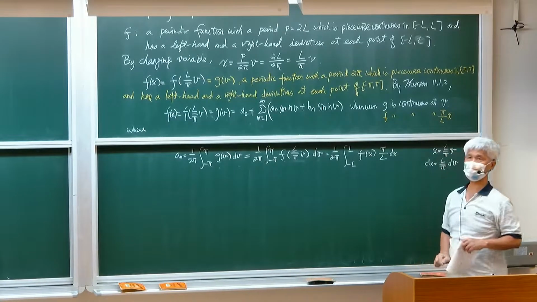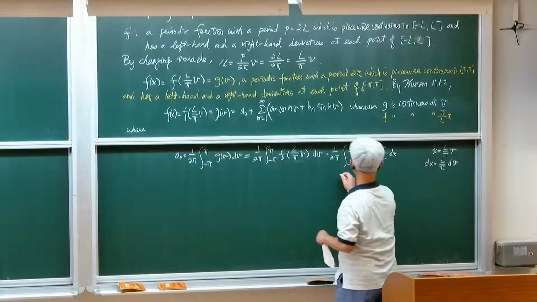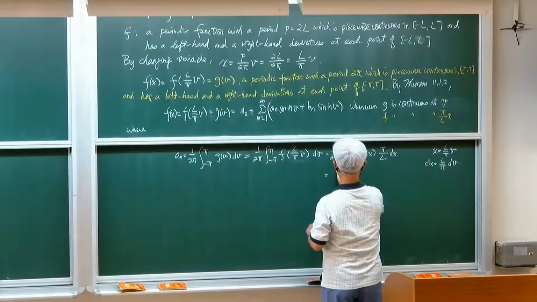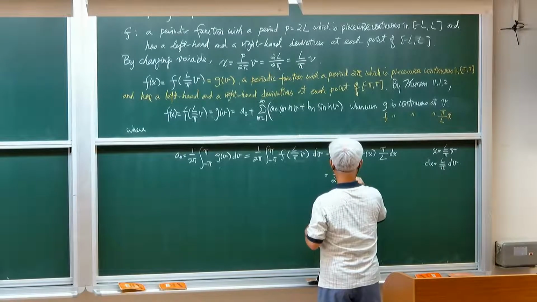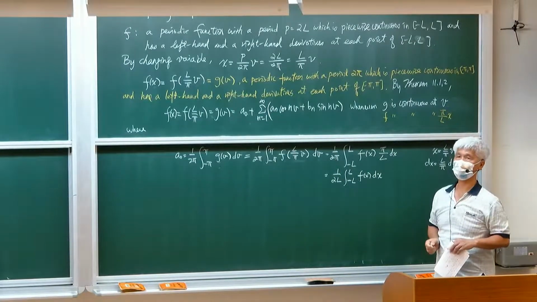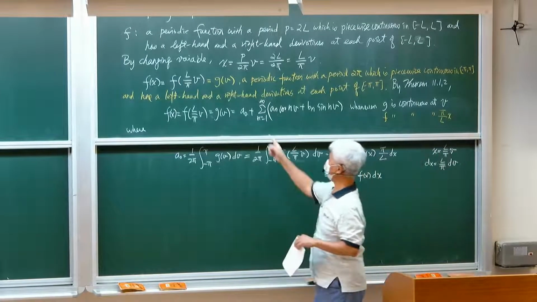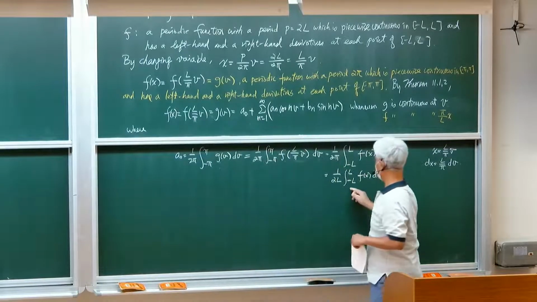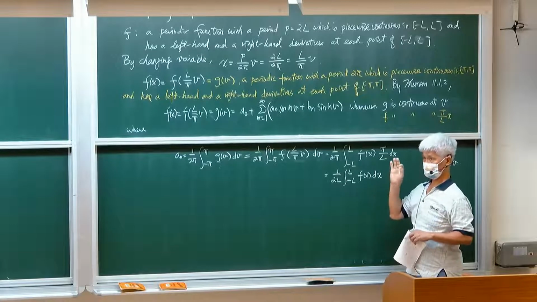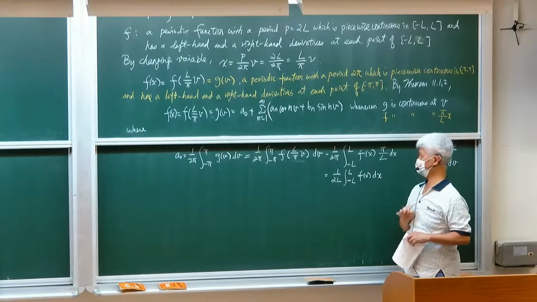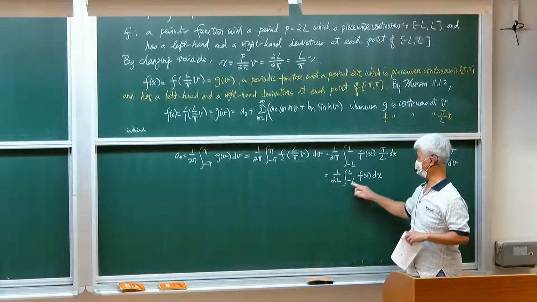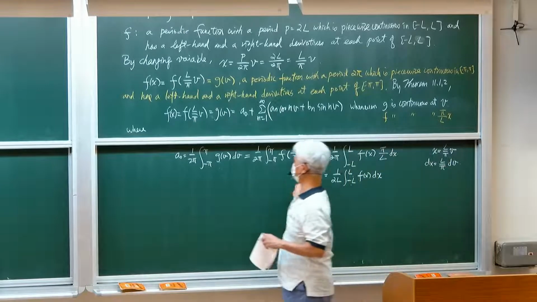Okay? Get it? All right, so you have 2L. So A0 is obtained by 1 over 2L, where 2L is the period of the periodic function f of x, and you integrate f of x over 1 period from minus L to L. Okay, so A0 is here.